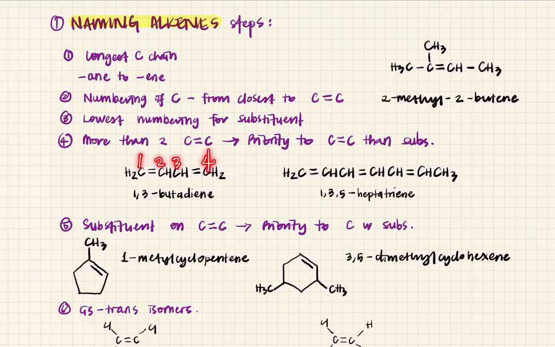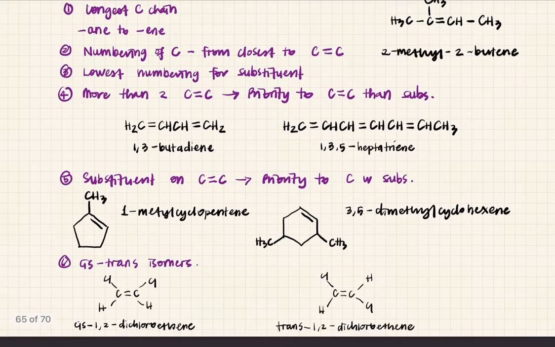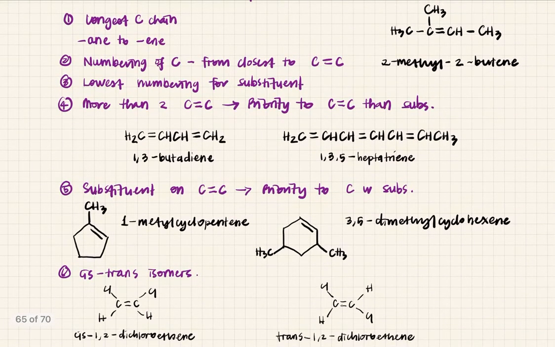So that means the carbon-carbon double bonds are on carbon number 1 and 3. You denote that. Okay, so you also have to write butadiene. Di means you have 2 carbon-carbon double bonds. Okay, right here, if you have 3, it will be triene, and it will be 1, 3, 5 because you want the lowest numbers for the carbon-carbon double bond numbering.